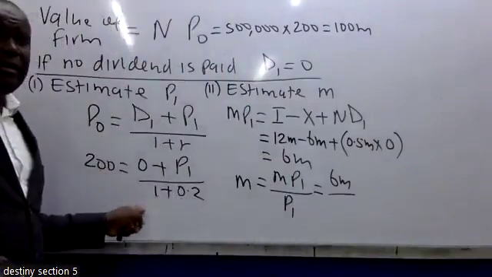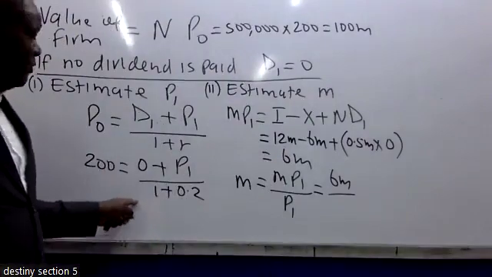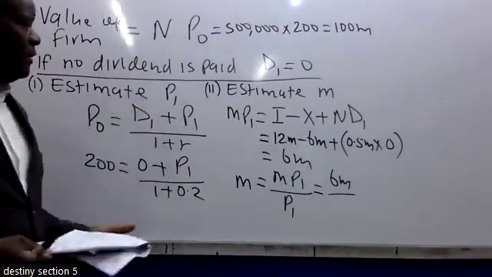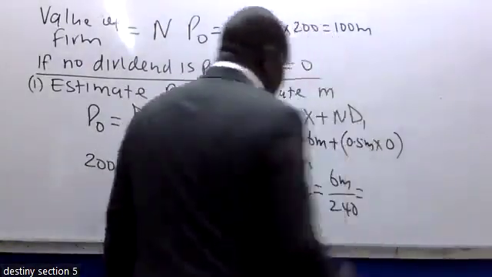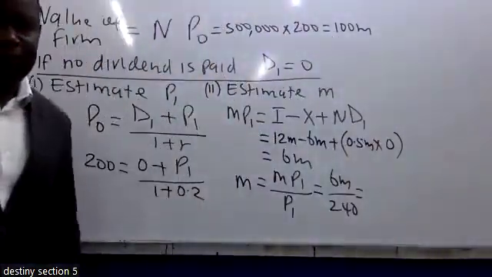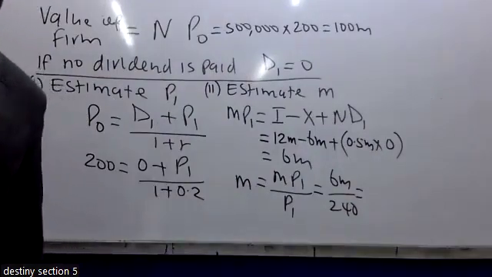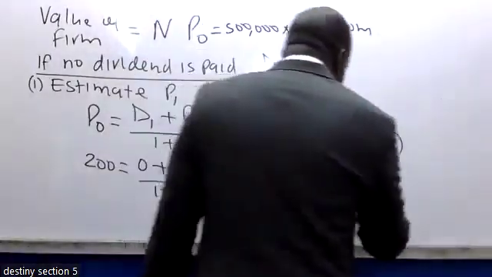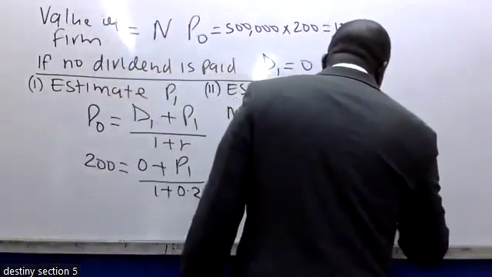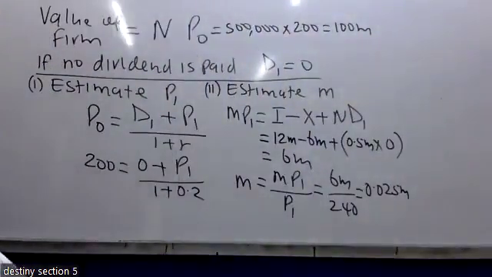It was 240. So it is 6 million divided by 240. Get that value. It is 0.025 million, isn't it?